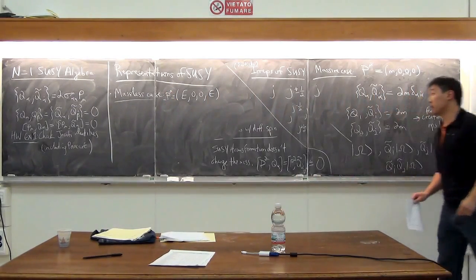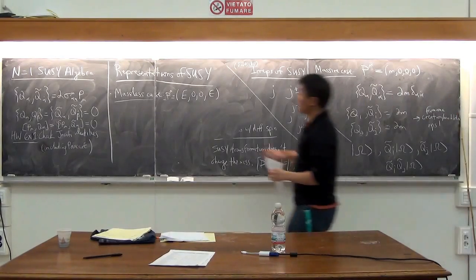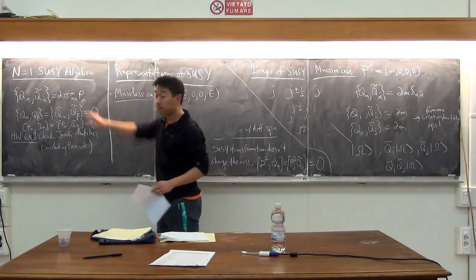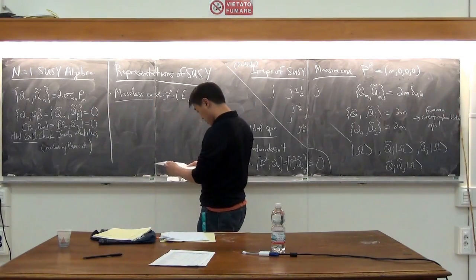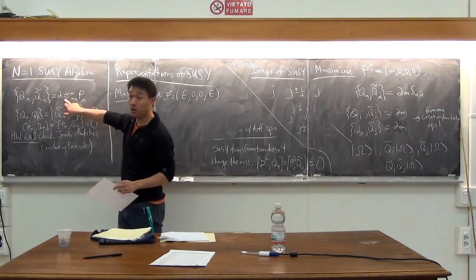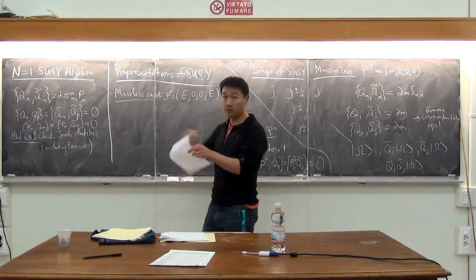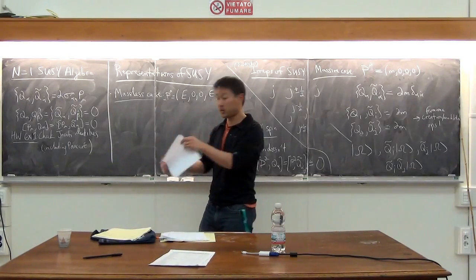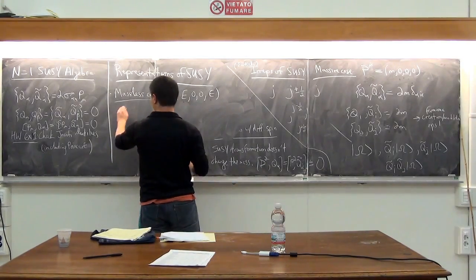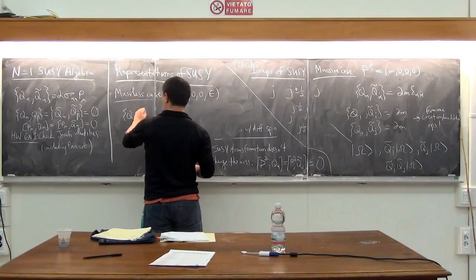If I do that and plug this into my SUSY algebra here, then I just have sigma 0 and sigma 3. These are equal, so one part of the sigma 0 cancels out, the other part doesn't, and I'm left with just this matrix.